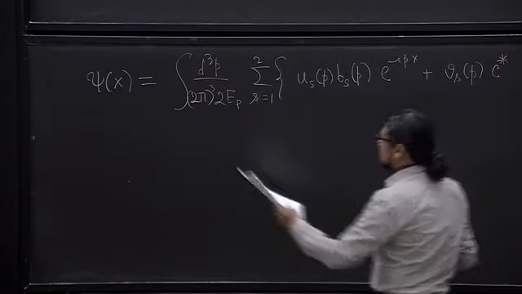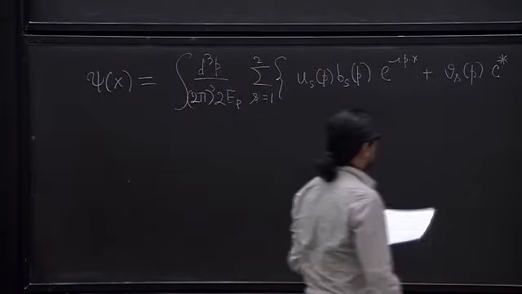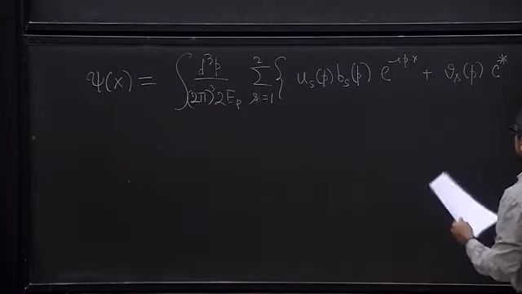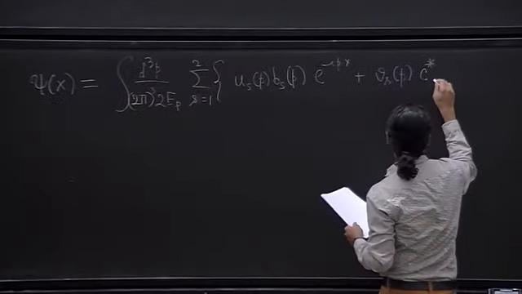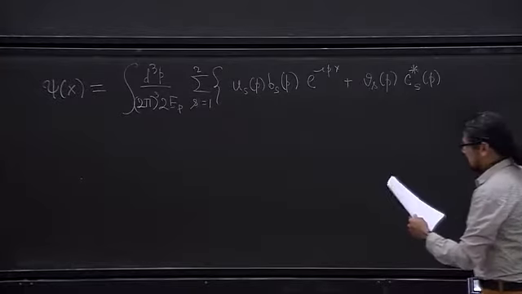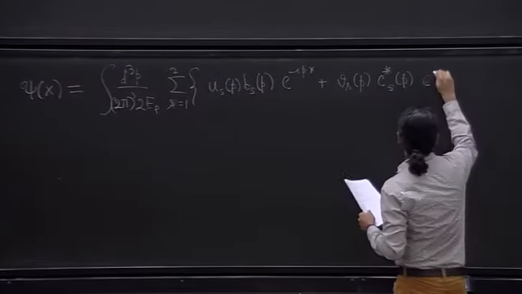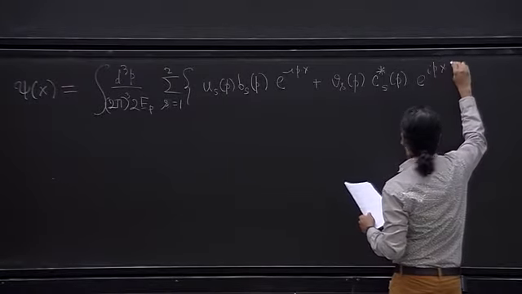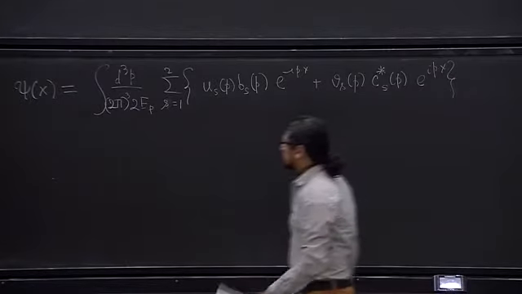And because the Dirac spinor is not real, the coefficients don't have to be complex conjugates of each other. So we write it as C star. Okay?